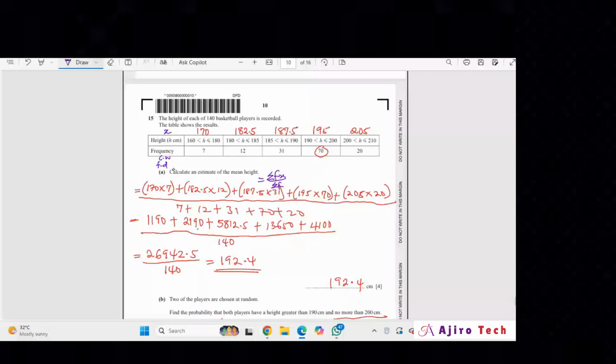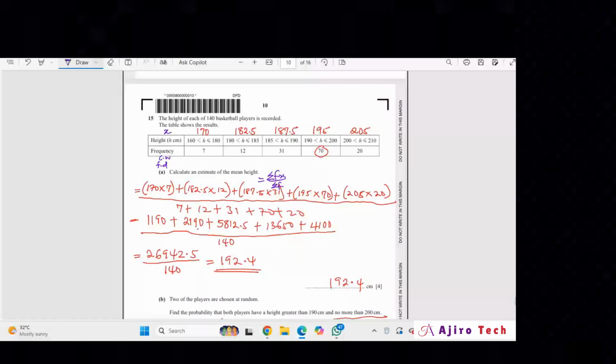These two things, we must find them. Now, how do we get class width? You do 180 minus 160. What is the answer? Anybody? Can anybody try for me?